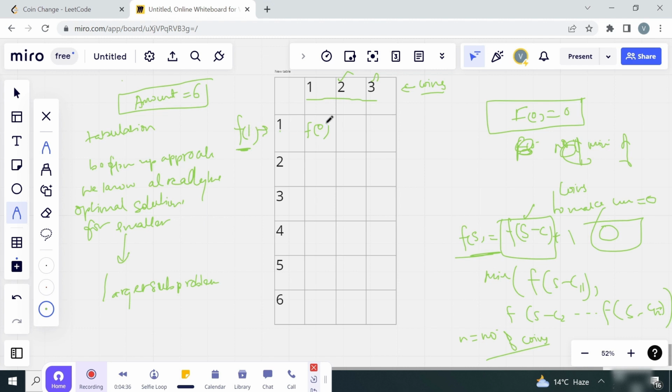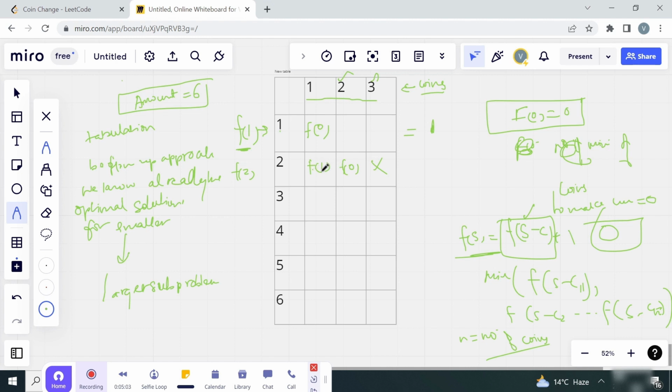So for f1 we need f0 because 1 minus 1 is f0, and we will add 1 to it. So f0 is 0, so 0 plus 1 is 1. For f2, for 2 it will be 2 minus 1, that is f of 1, 2 minus 2, that is f of 0, and 2 minus 3 is not applicable because denomination is bigger than the amount.